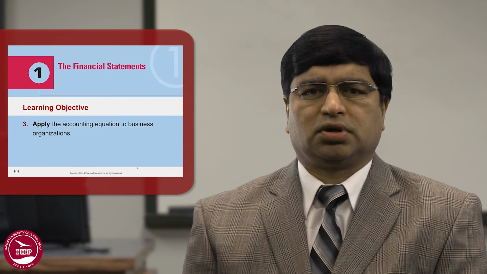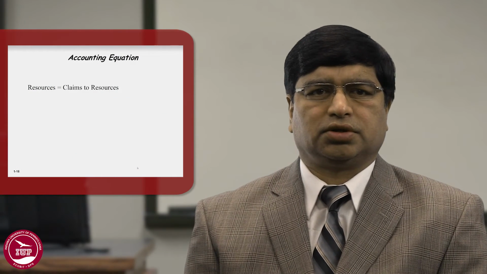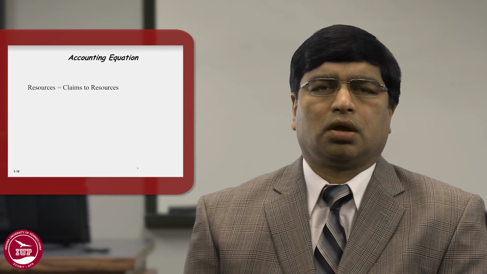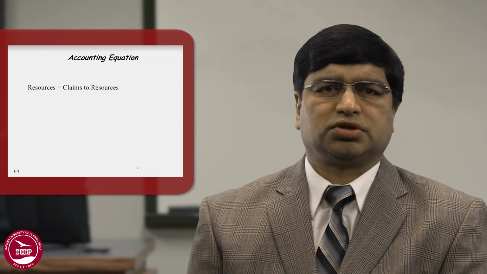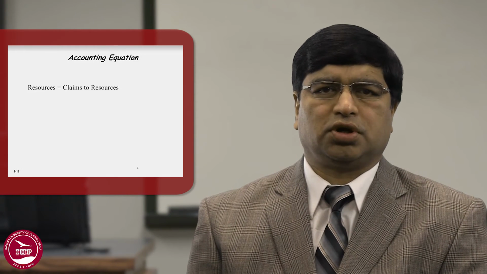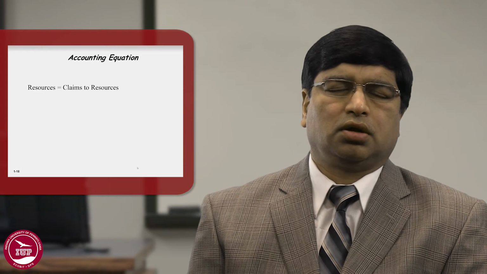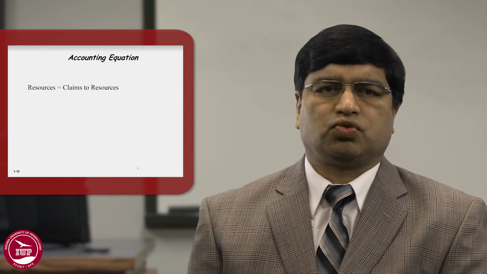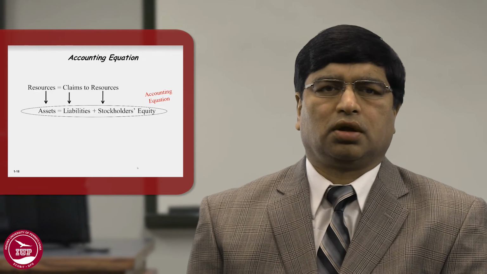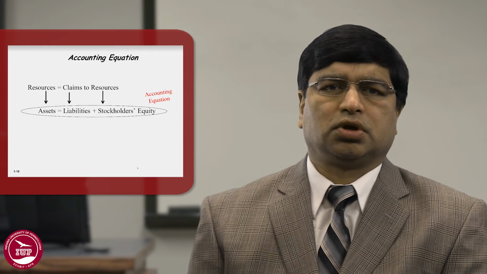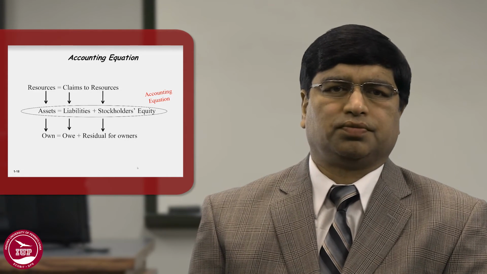We'll talk about the basic accounting equation in a business organization now. The basic accounting equation, very simply put, is resources equal to the claims to the resources. Since the organization is a separate entity, the resources, that is what the organization owns, and what the organization owes to outsiders and to the owners, is equal.